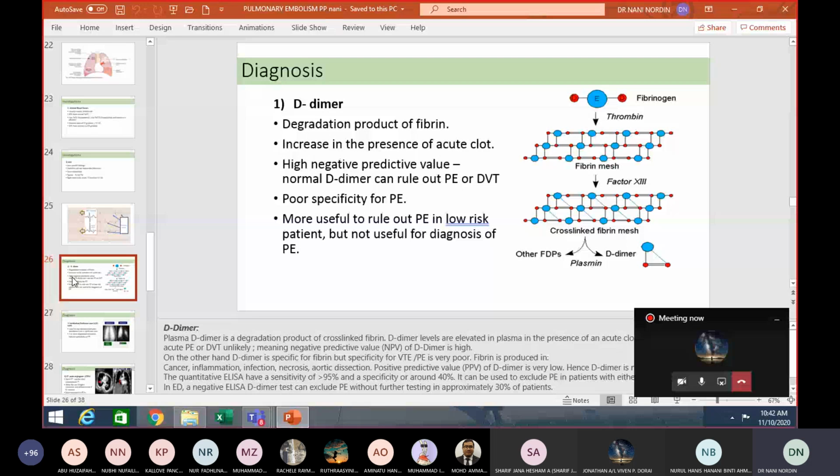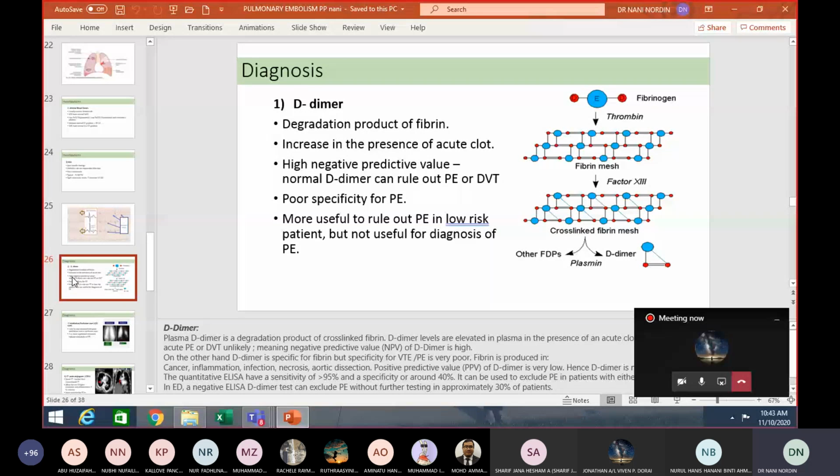Okay, so we know that. We have talked about that. So when there is more clot formation compared to the fibrinolysis, then you will have clot. Okay, otherwise in normal life, the clotting and the fibrinolysis action will occur hand in hand to stabilize.